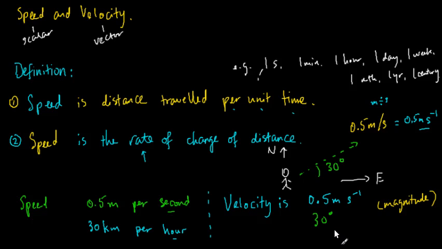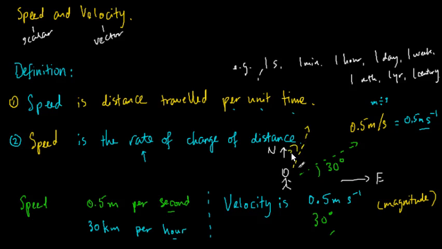Now, that is probably not enough if you just say 30 degrees, because we must give enough information here so that people can tell exactly which direction you're going in. So if you just say 30 degrees, it could mean 30 degrees to the north, which might be actually there, right?